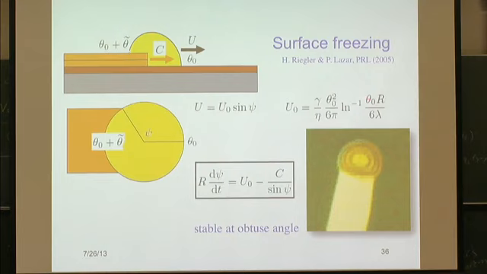These are contact angles, which are more or less measurable, but not always. But here, this parameter is the microscopic length, which would usually be unknown.